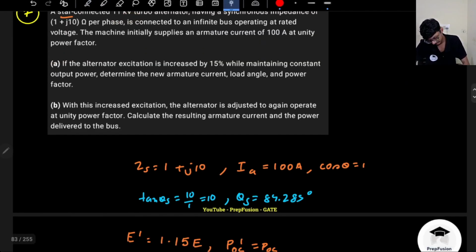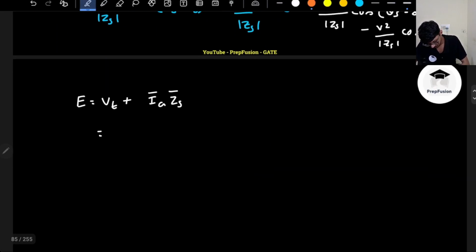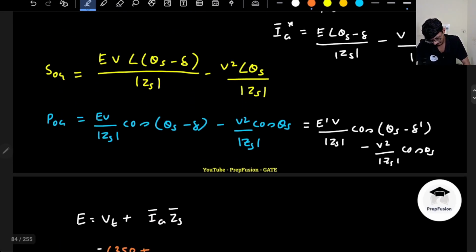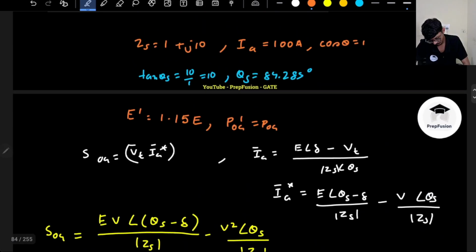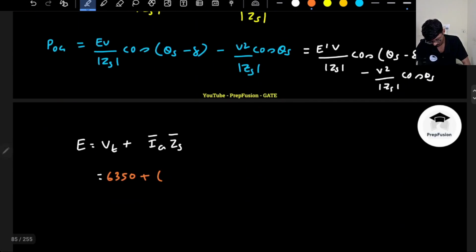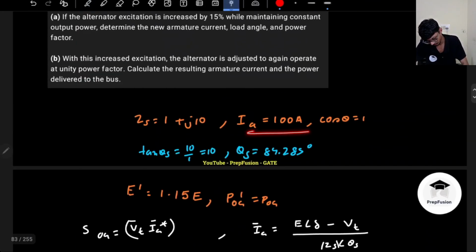So basically I can say 6350 plus IA. IA value also I know, and it is operating at unity power factor.